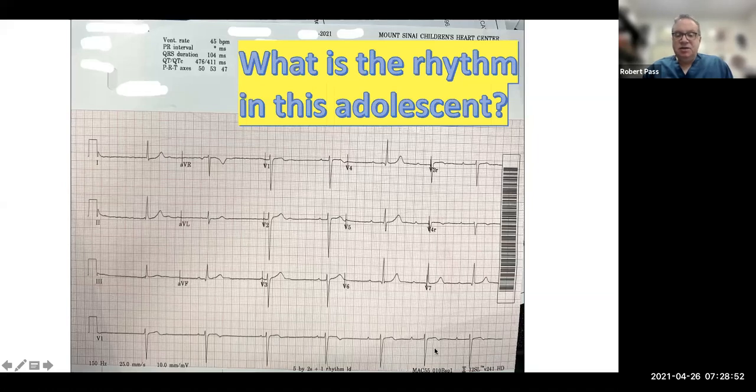And yet these beats here are coming in a little faster, right? The RR interval on these is a little shorter than on these. That's because for whatever reason, the sinus node finally woke up a little bit and we have sinus rhythm with a long PR interval, first degree heart block.